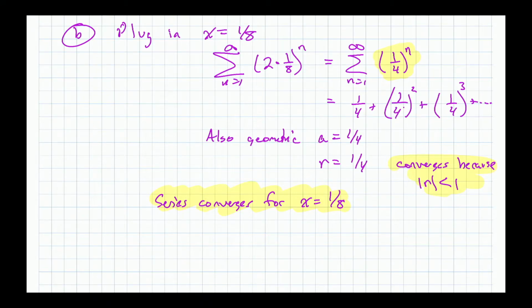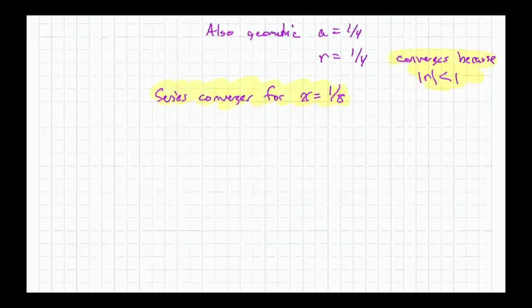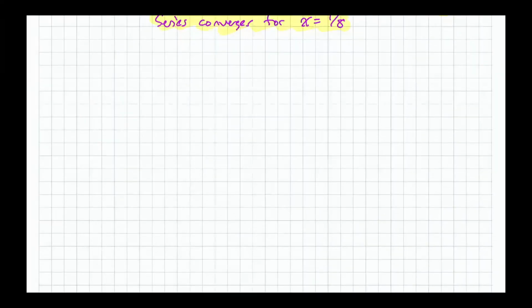But you do need to be able to do it, because the next type of problem we're going to do is going to have you doing the same thing as part of it. So this process you need to be okay with, the whole plugging in a point and then determining the convergence. All right, so that's checking the convergence at a particular x value.